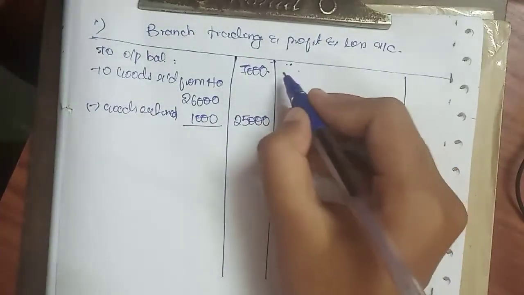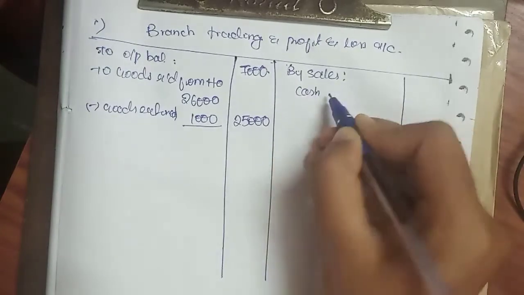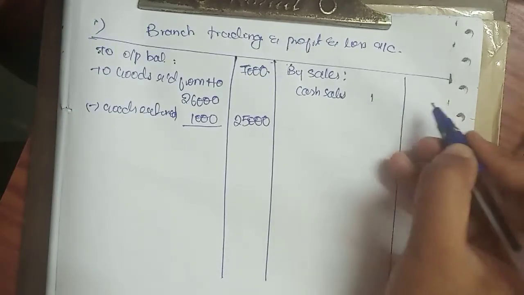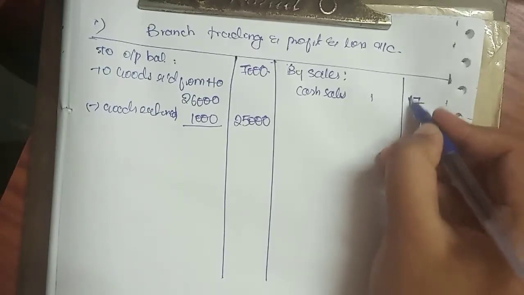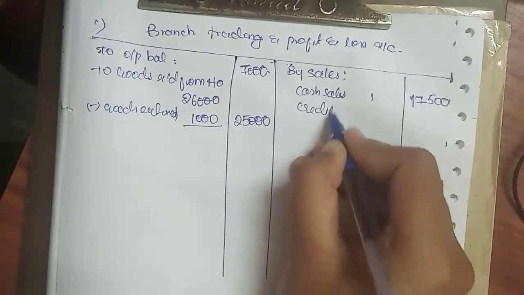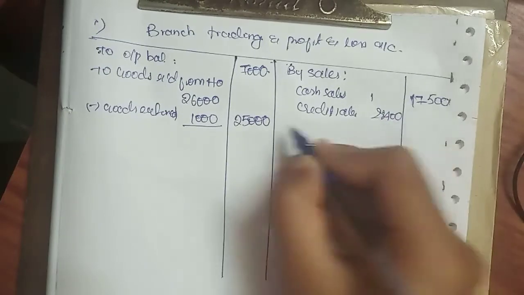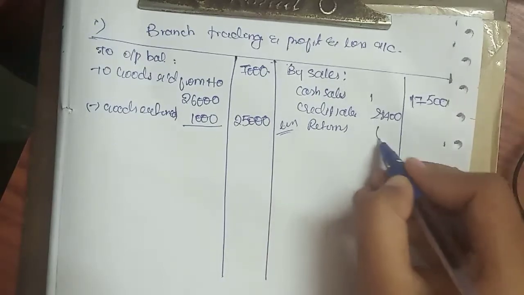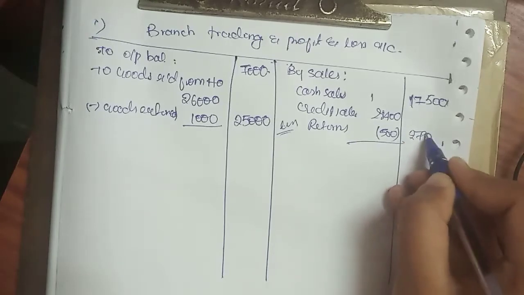By sales, cash sales, normal 17,000. Write it in the outer column, because there is no adjustment to do. Next, credit sales, write it in the inner column 28,400, and customers have returned some goods of 500, so take it in the outer column 27,900.